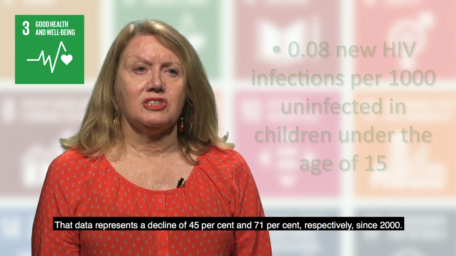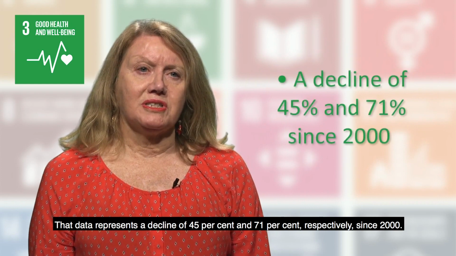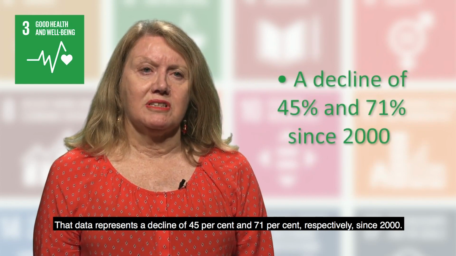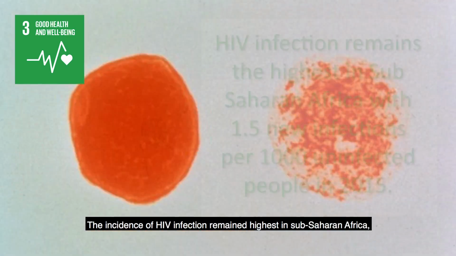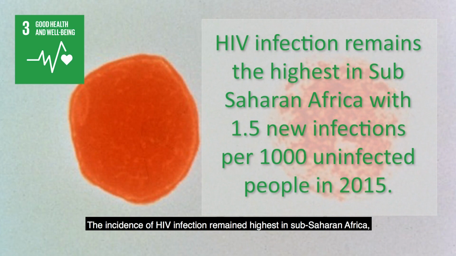That data represents a decline of 45% and 71% respectively since 2000. The incidence of HIV infection remained highest in sub-Saharan Africa, with 1.5 new infections per 1,000 uninfected people in 2015.